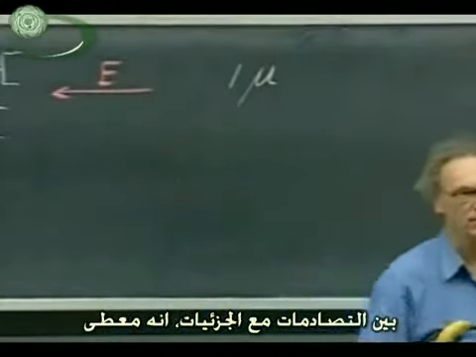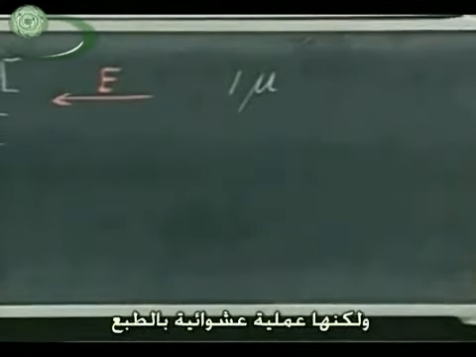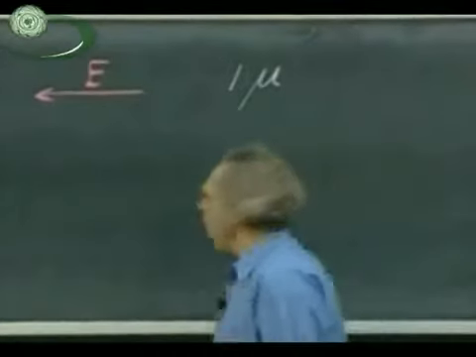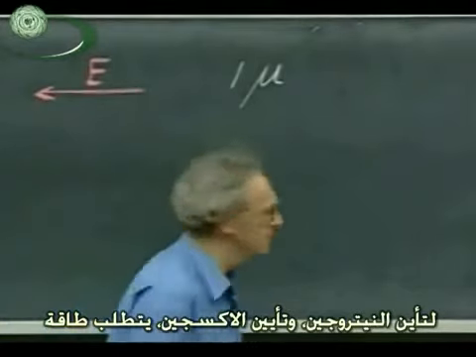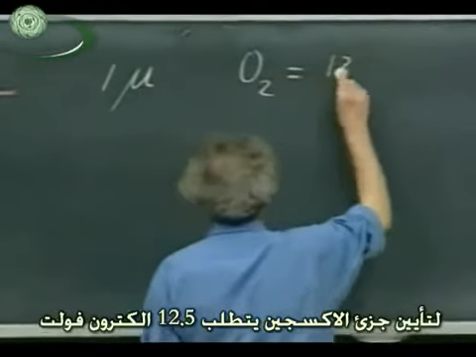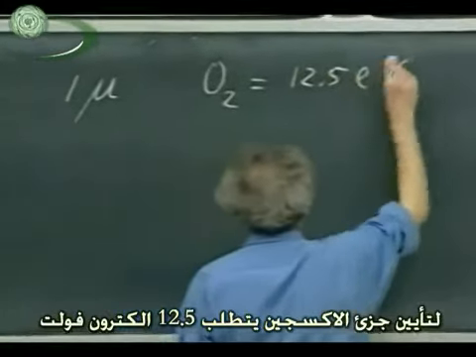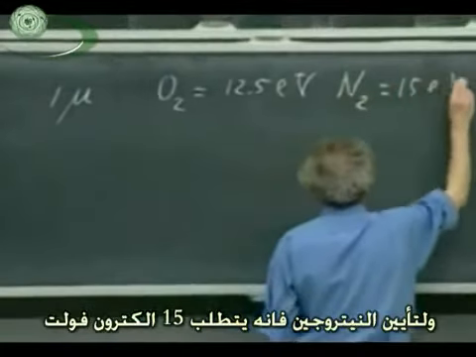It's just a given. On average, sometimes a little more, sometimes a little less, because it's a random process, of course. To ionize nitrogen, to ionize oxygen, takes energy. To ionize an oxygen molecule takes 12.5 electron volts, and to ionize nitrogen takes about 15 electron volts.